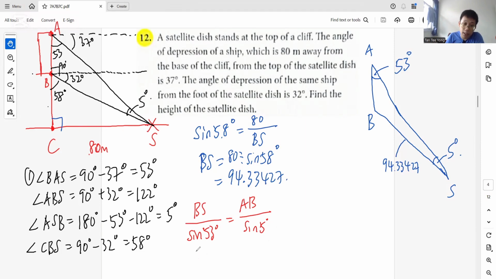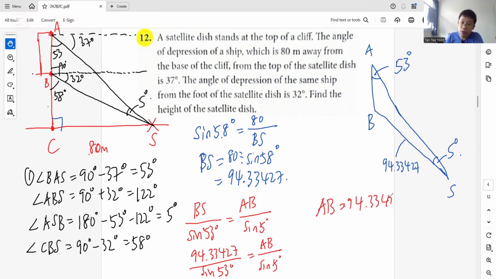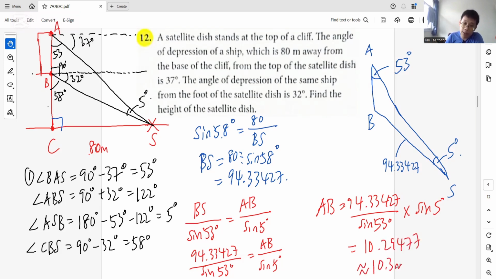So BS is 94.33427 over sine 53 degrees, equal to AB over sine 5 degrees. So AB is 94.33427 over sine 53 degrees times sine 5 degrees. This equals 10.29477, and you can round off to 10.3 meters.